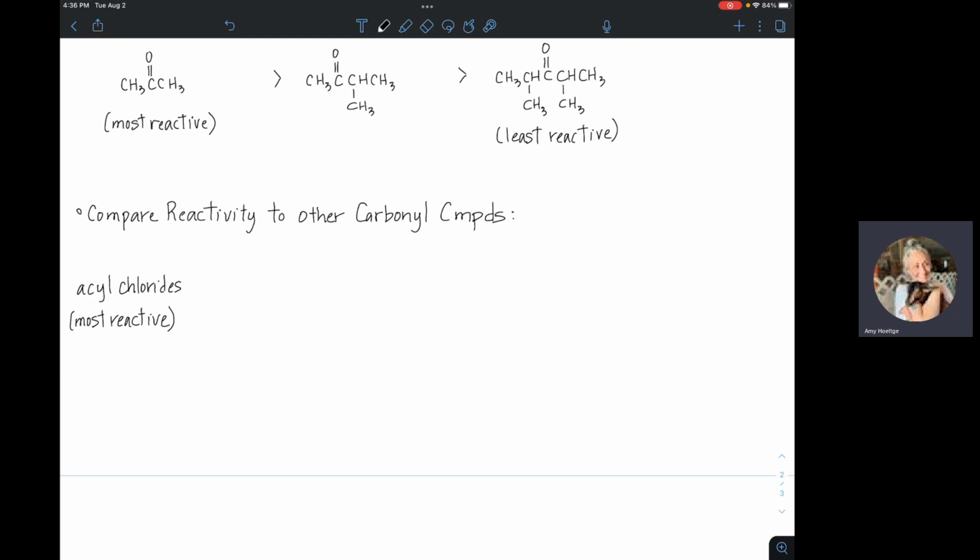all carbonyl compounds. Carboxylic acids and their derivatives undergo nucleophilic acyl substitution reactions, while aldehydes and ketones undergo nucleophilic acyl addition reactions. So we have our acyl chloride. We can put in the acid anhydride. Going to be more reactive than an aldehyde.